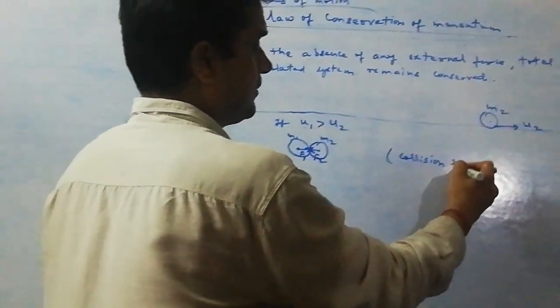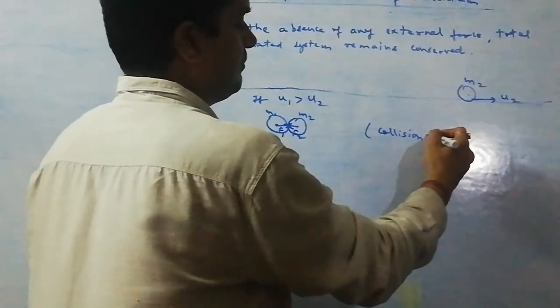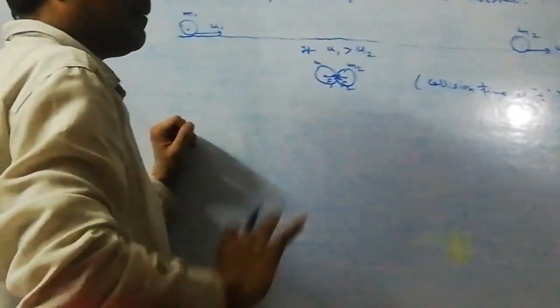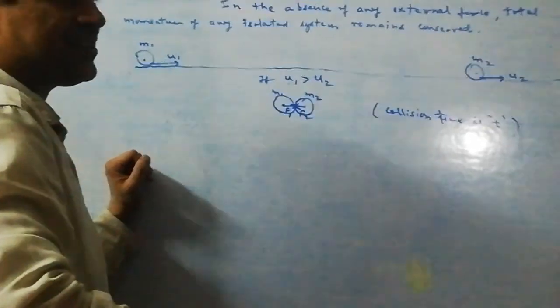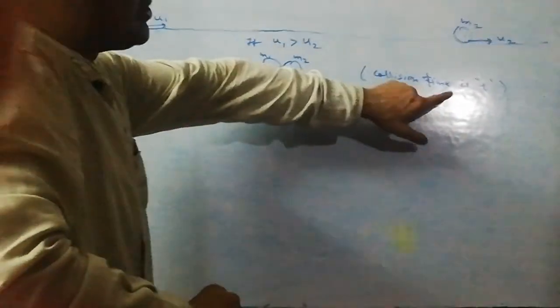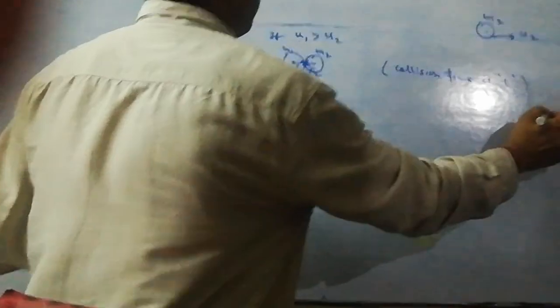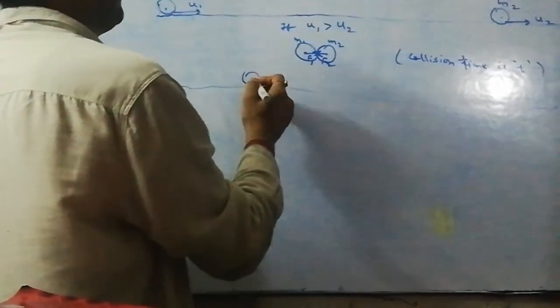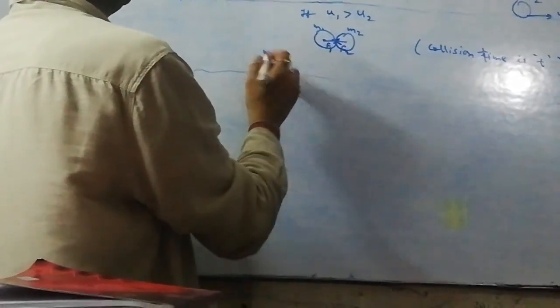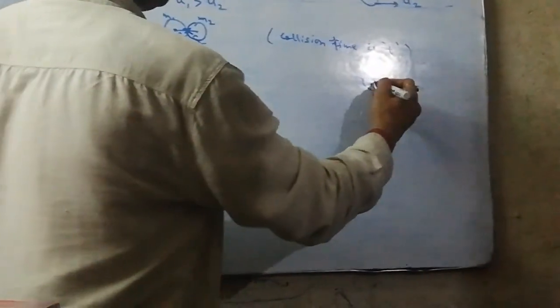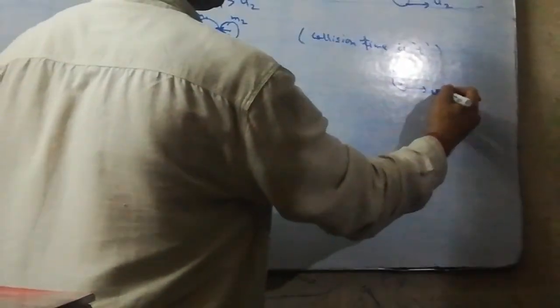The collision time is T. During this T, there is exchange of forces. After collision, maybe both bodies are moving with different velocities. Maybe the first body is moving with velocity v1, and the second body starts moving with v2.